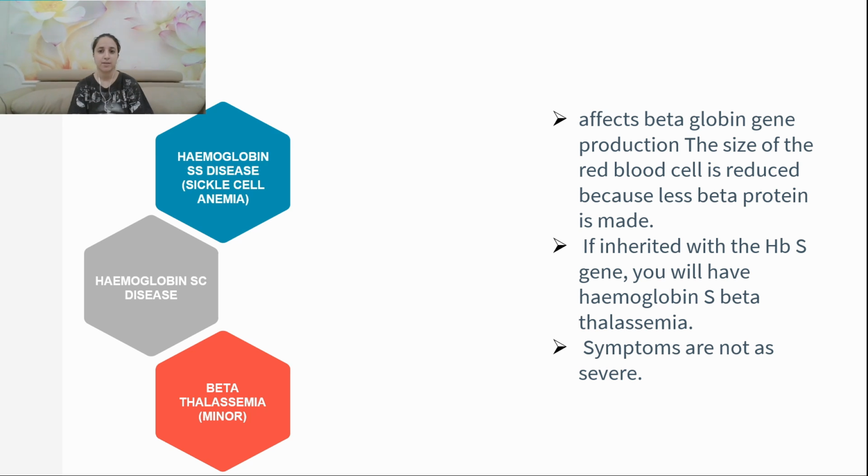So the size of the RBC is reduced because less beta protein is made. And here another gene called the beta thalassemia gene has a role to play apart from the HbS gene. So this condition arises if you inherit a beta thalassemia gene from one parent and a hemoglobin S gene from another parent. The symptoms are not as severe.